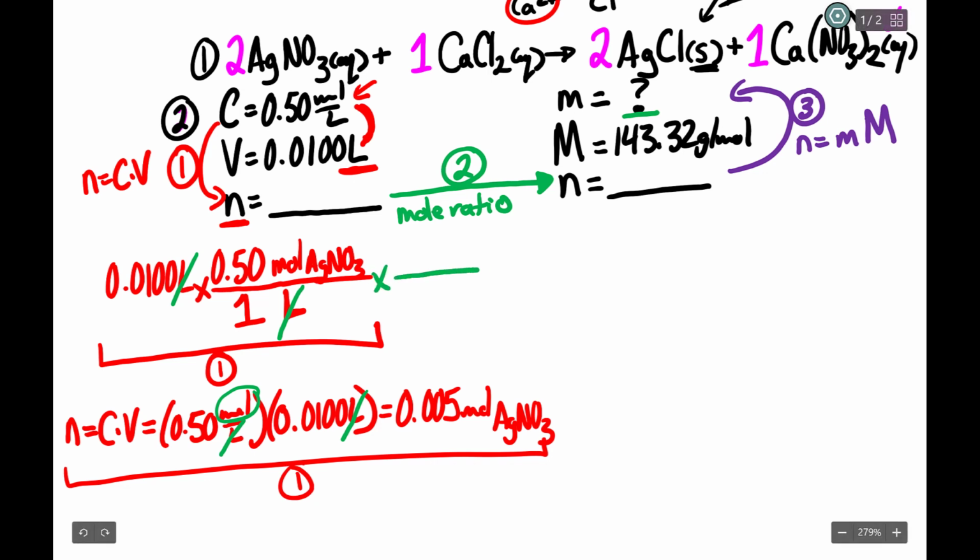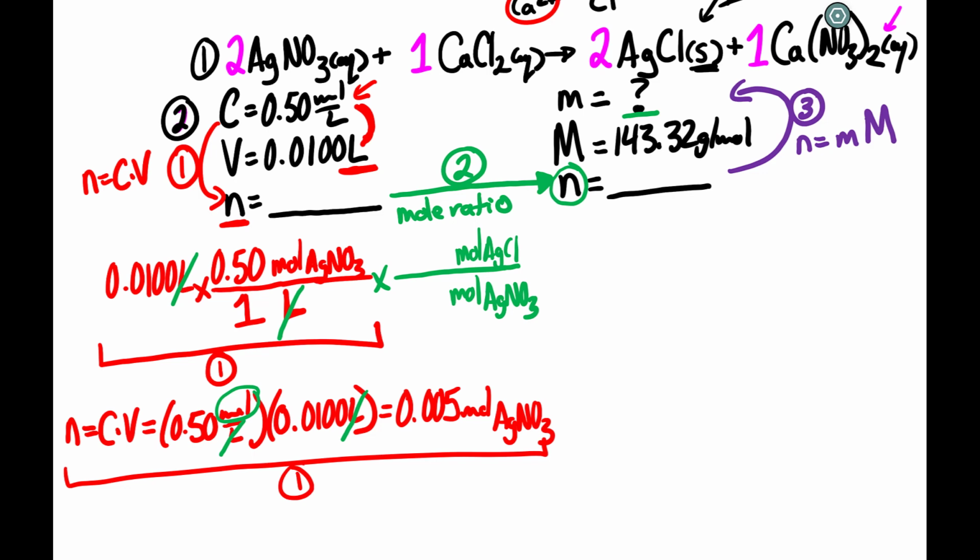Now, whatever I'm solving for has to go on top. So for instance, I'm solving for the number of moles of silver chloride. I'm putting that on top. Moles of silver chloride. Whatever I'm trying to get rid of, which is my moles of silver nitrate, has to go on the bottom. Moles of silver nitrate. Now I recognize that when I'm using unit analysis because I have the moles of silver nitrate as my answer, whatever's on top cancels out with whatever's on the bottom.